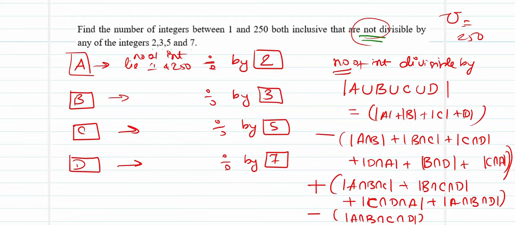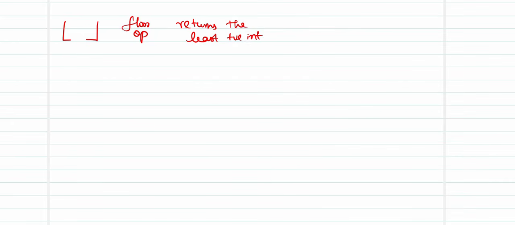So to find the number of integers that is divisible by any of it, we have something called the floor operator. So what does this operator do? It returns the greatest integer not exceeding a given number. Say suppose you have 10 divided by 3.